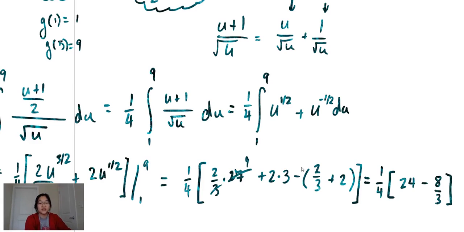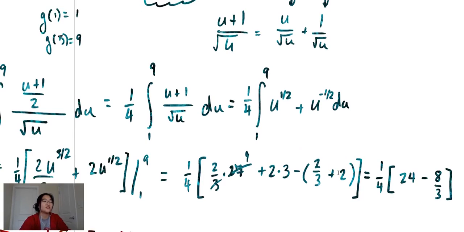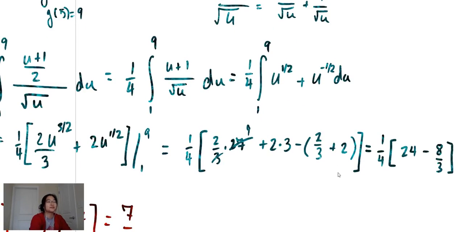Let's see, 24 minus 8/3. Maybe we can distribute this 1/4 and do a little bit less mental math. So 1/4 times 24 is 6, minus 1/4 times 8/3 is 2/3.